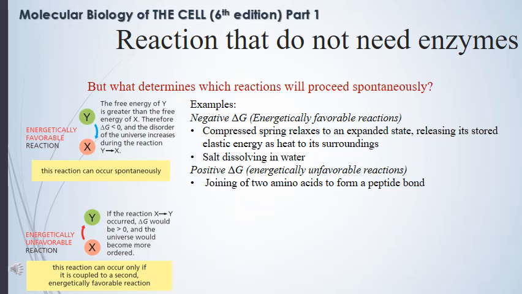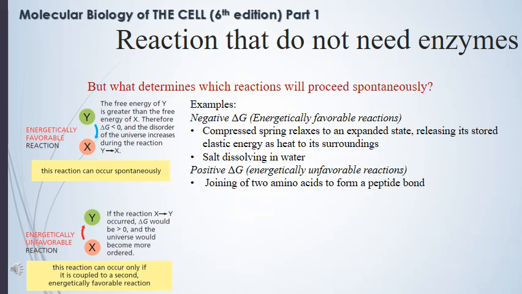Same thing is true when one dissolves sugar in water or salt in water. Salt is a crystal, and when it's dissolved in water, the crystal structure deteriorates, and the entropy increases. Now, when the delta G is positive, that reaction is unfavorable.